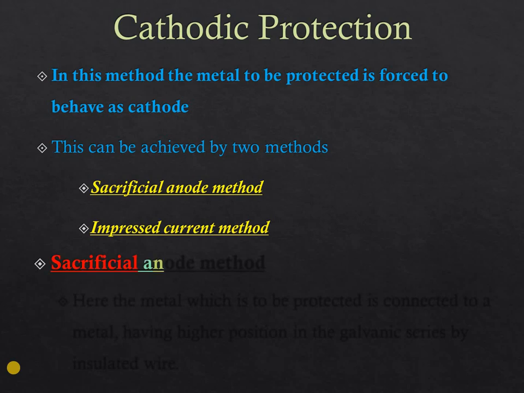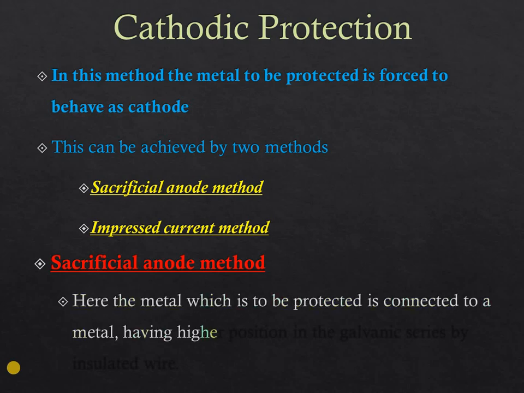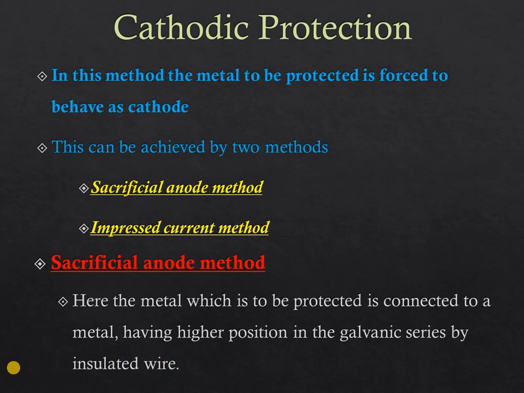In the sacrificial anode method, the metallic structure to be protected is connected to another metal having a higher position in the galvanic series by an insulated wire.